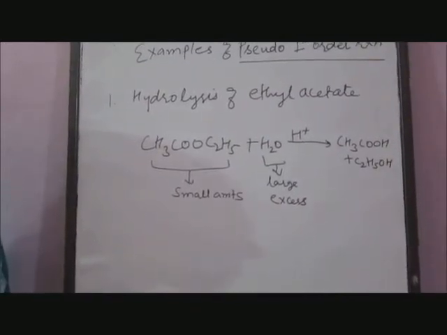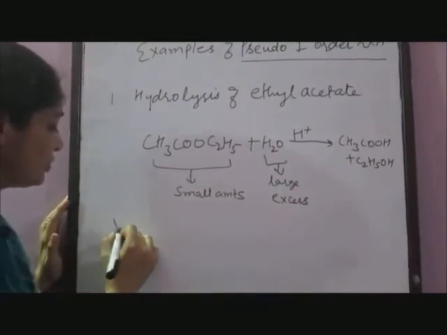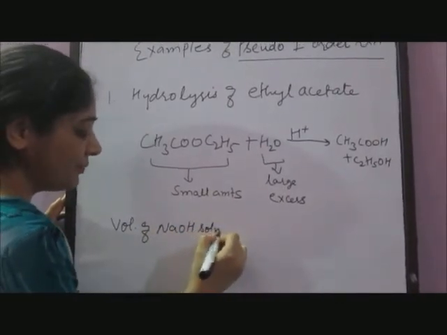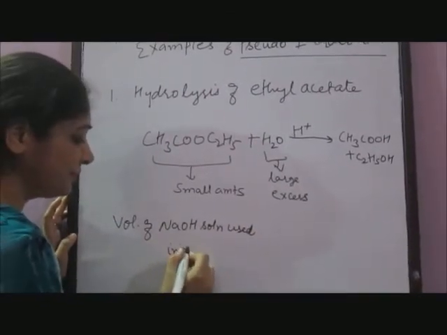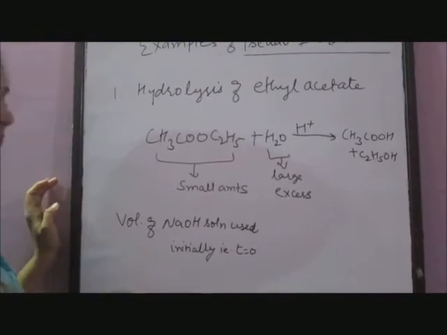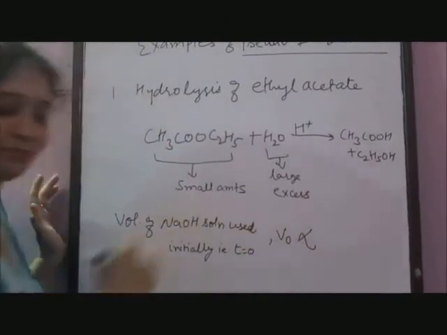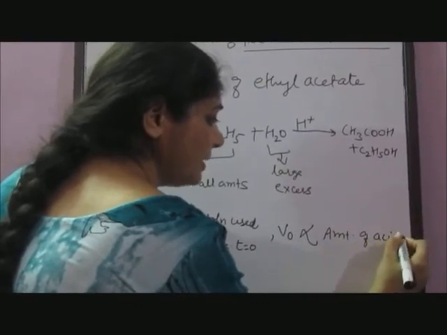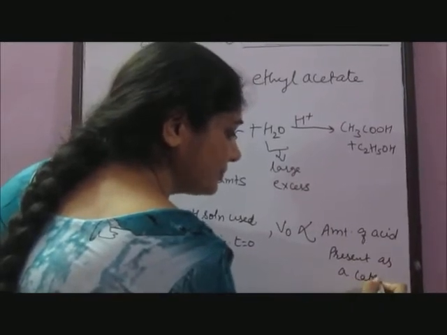For the same volume of reaction mixture withdrawn at different times, volume of NaOH solution used initially, that is at time t equal to 0, V naught is proportional to amount of acid present as a catalyst.